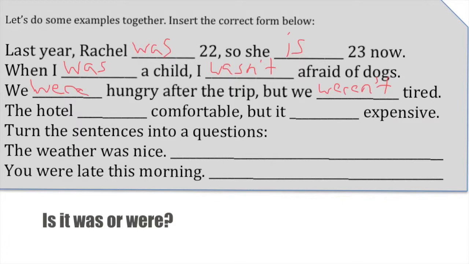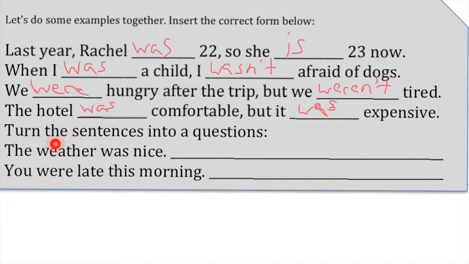And is it was or it were? You should say was. Comfortable, but it was expensive.